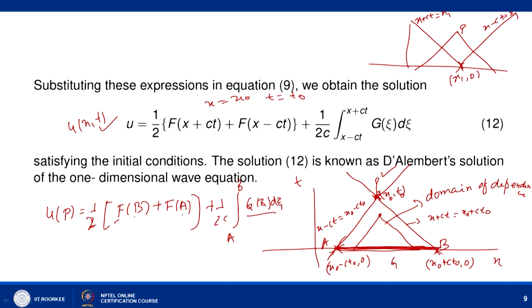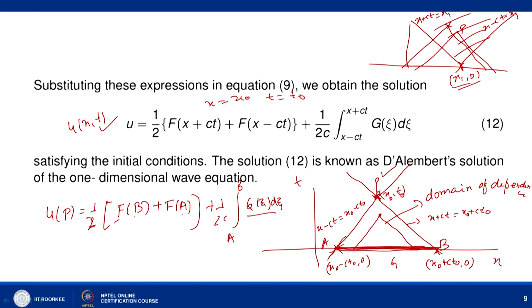So, we say that you make a triangular region. Now, this region we call the region of influence of x1 comma 0. Why? Because if you take any point in this region and draw the characteristics, then this point will come into the picture. So, it means that for any point in this region, the solution at that particular point is influenced by the point x1 comma 0.